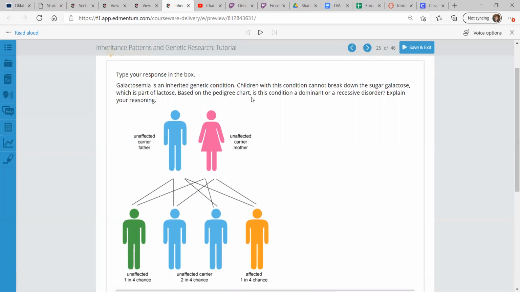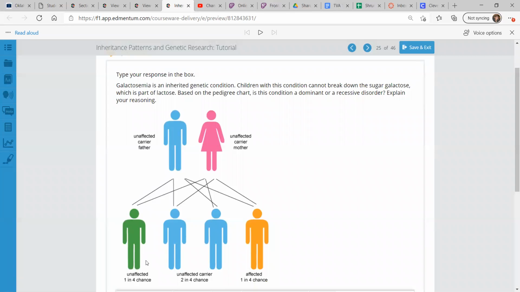Galactosemia is an inherited genetic condition. Children with this condition cannot break down the sugar galactose, which is part of lactose. Based on the pedigree chart, is this condition a dominant or a recessive disorder? Explain. So we're told that both parents are unaffected, but they are carriers.